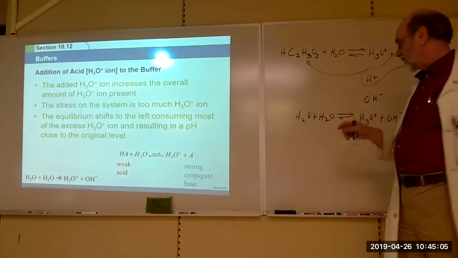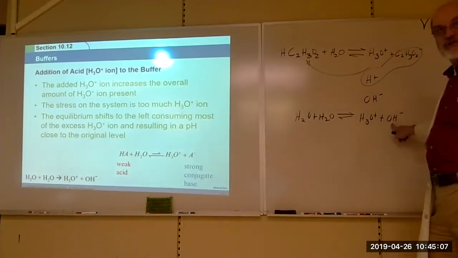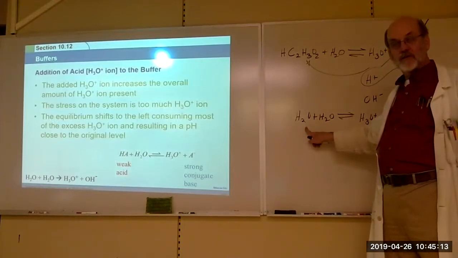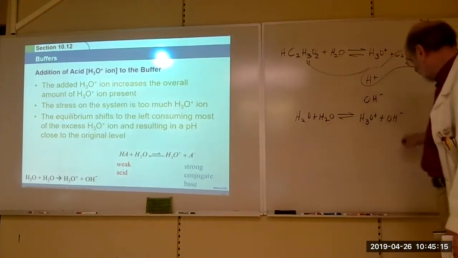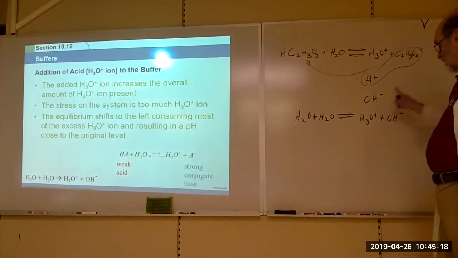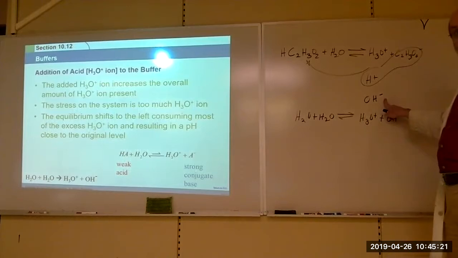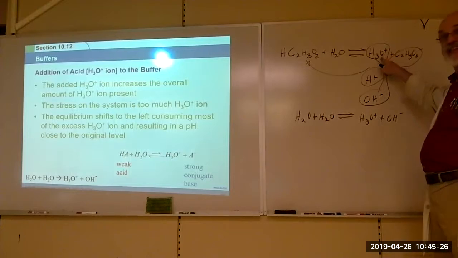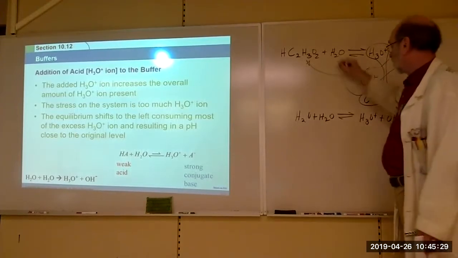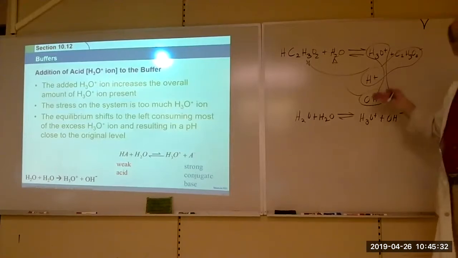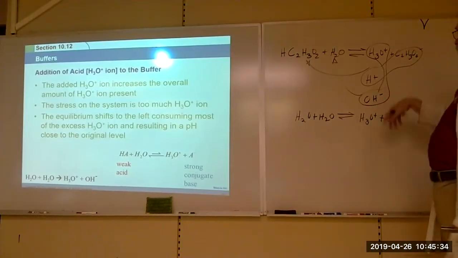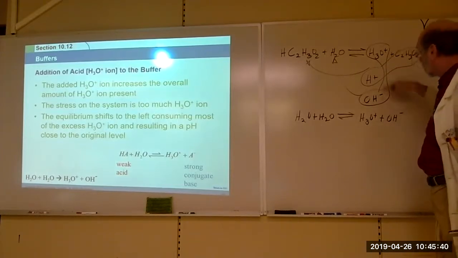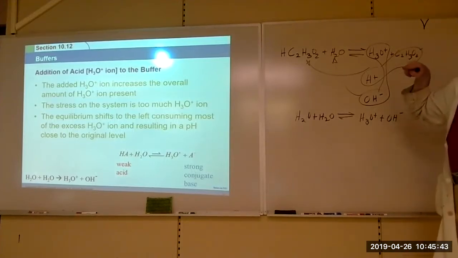So that means this is a strong base because it came from a weak acid. Water is a weak acid. So that makes this a strong base. Okay, so if this is a strong base, what is it going to go for? It's going to go for this one right here. It's going to take the proton off of that and make this, and our base is consumed. So this is the species that neutralizes acid, and this one neutralizes the base.